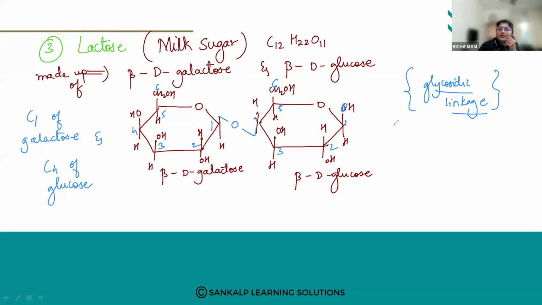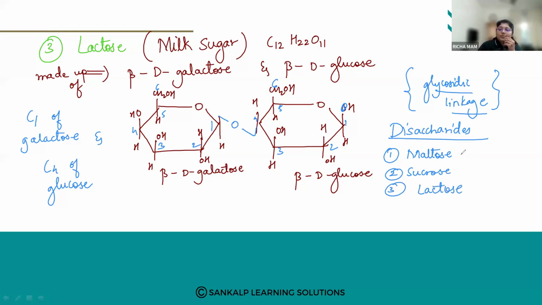So what all things do you have to remember? Now we have studied three disaccharides. The first one was maltose, the second one is sucrose, and the third one is lactose.